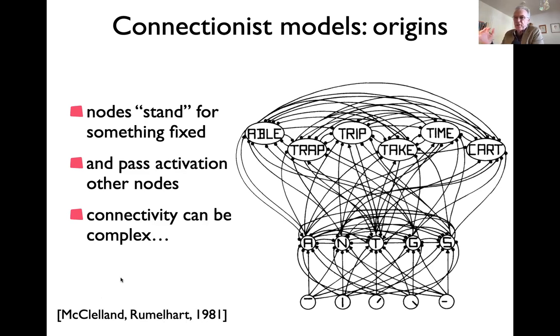So if I criticize some of these ideas, it's nothing personal. It's just really about understanding what the right concepts are. So you see in the original models there was some interesting parallel, and they came from the same origin. The researchers were mathematical psychologists, all of them. And so you see they have neurons, nodes, that are also standing for something fixed.